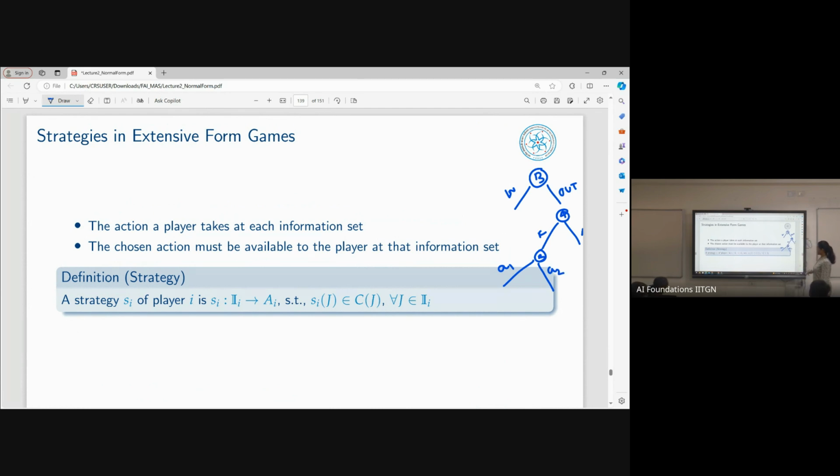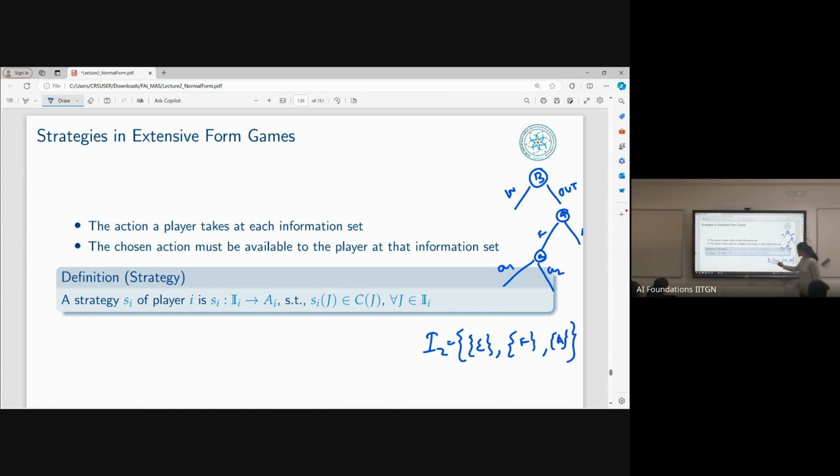What are the information sets of agent B? Let's assume that these are indistinguishable. So these are the three.